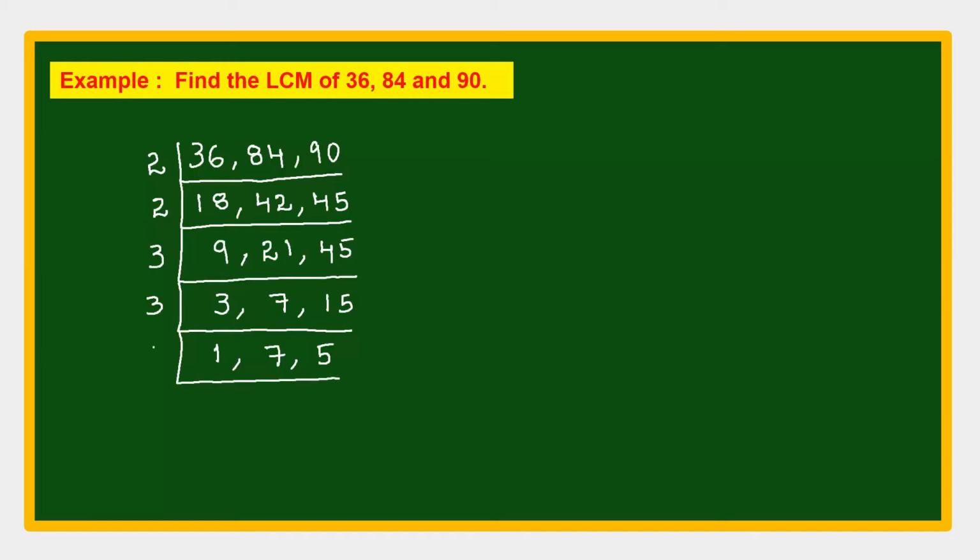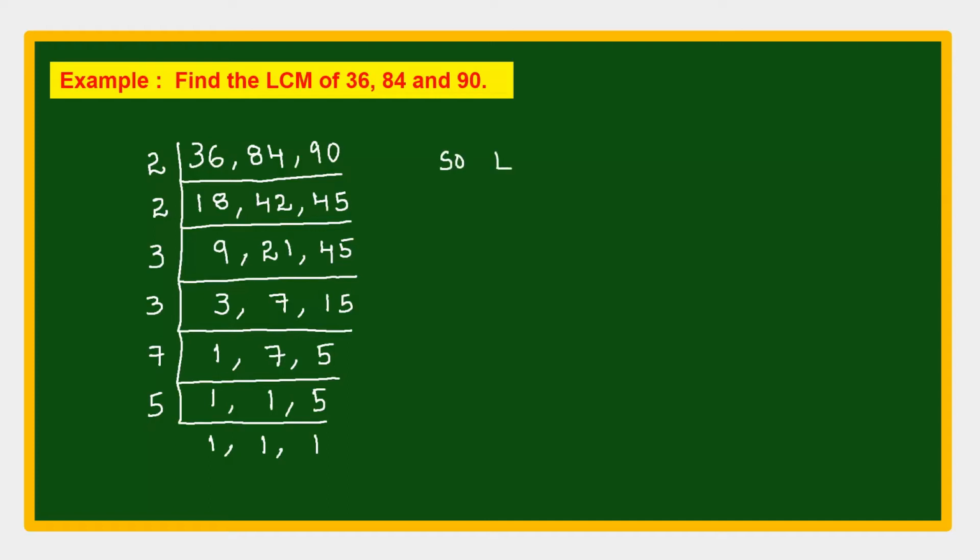Again next, we will mention 1. 7 1s are 7, 1 is a quotient. 5 will not be divisible, so as it is we will mention again 5. We'll write as it is, 1, again 1. 5 1s are 5. Now we have to multiply all the divisors.